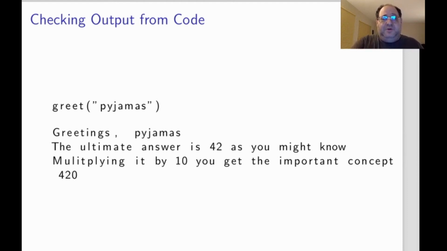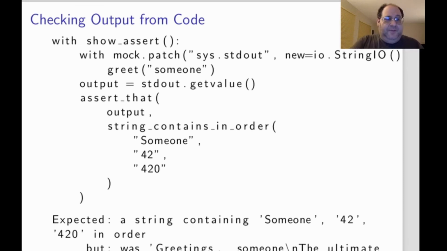And what I want to make sure is that I have Pyjamas, I have 42, and I have 420. Those are the important things that I want to make sure that I calculate correctly. So we check when we greet someone, whether the output contains someone uppercase, and because we forgot the uppercase when we wrote the code, this will fail and say it didn't work.